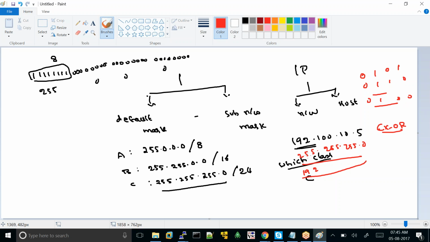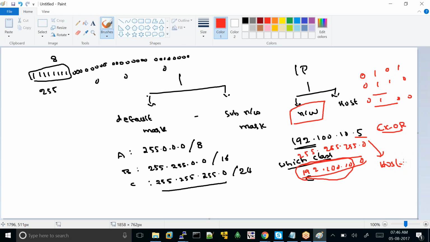So if you apply 255 on top of 192, you get the same thing, 192.100.10, and where the mask is 0, the result is 0. By applying the default mask to the address, we get the network component. In this case, the first three parts are the network component and the last part is the host component. This is how, by applying a default mask, we identify the network part and the host part.